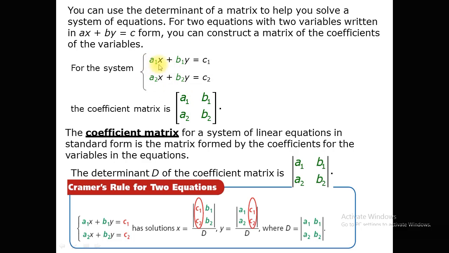Suppose we have the system a1x + b1y = c1 and a2x + b2y = c2. The coefficient matrix will be a1, b1 in the first row and a2, b2 in the second row. The coefficient matrix for a system of linear equations in standard form is the matrix formed by the coefficients of the variables in the equations.